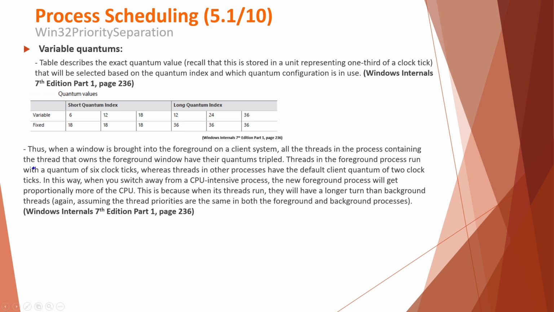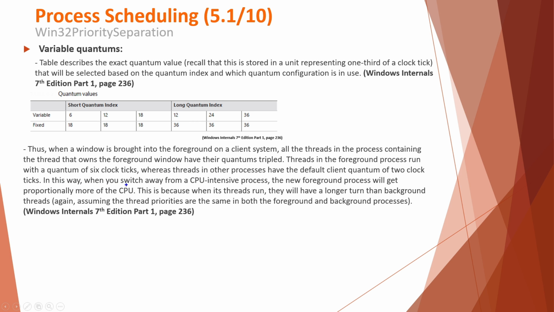Threads in the foreground process run with a quantum of 6 clock ticks, whereas threads in the other processes have the default client quantum of 2 clock ticks. I want to mention that inside this table, the numbers represent one third of a clock tick. And as I said, we will talk shortly about variable, fixed, and what all those things mean.